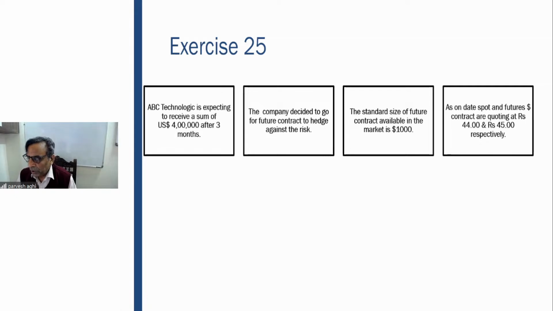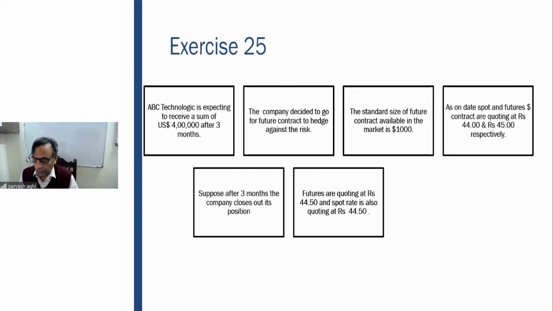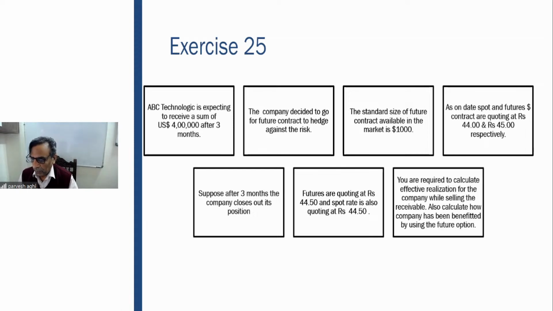As on date, spot and futures dollar contracts are quoting at rupees 44 and 45 respectively. Suppose after 3 months, the company closes out its position. Futures are quoting at 44.50 and the spot rate is quoting at 44.50. You are required to calculate the effective realization for the company while selling receivables. Also calculate how the company has benefited by using futures.